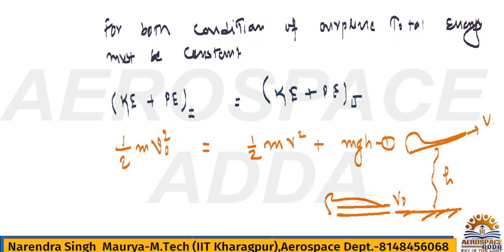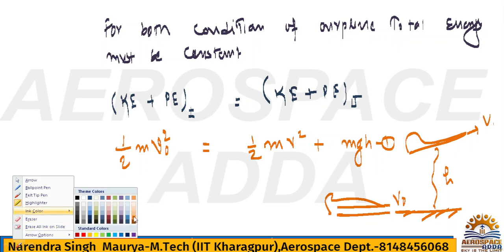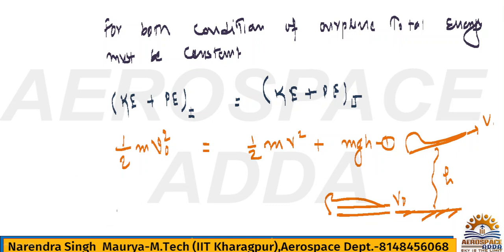So this is equation 1. And because the airplane is gaining altitude, it is moving against gravity. So if you write the equation of motion, what do you get? The final velocity square is equal to the initial velocity square minus, because it is against gravity, 2gs.